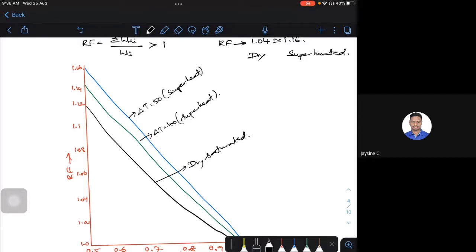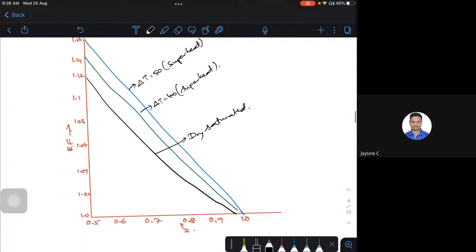Yes, so roughly 100 degrees is the delta T, because 315 is what they have given in the problem statement. So 315 minus 212, 103 degrees, or roughly 100 degrees is the delta T superheat.